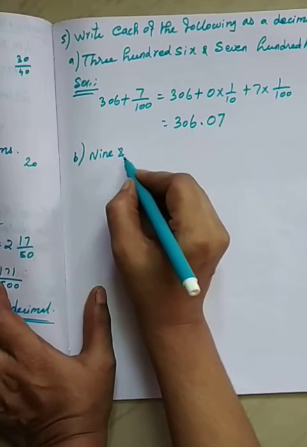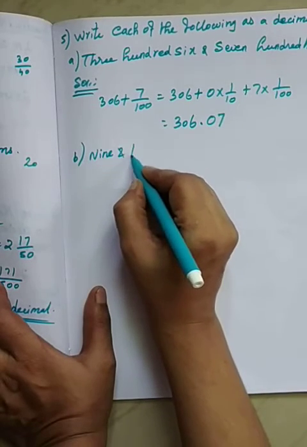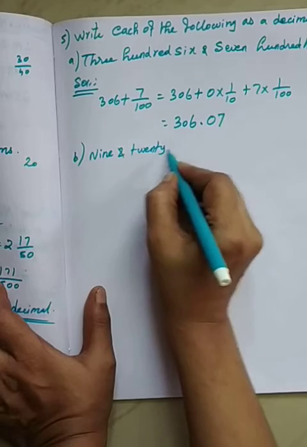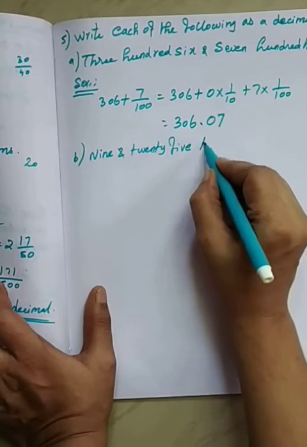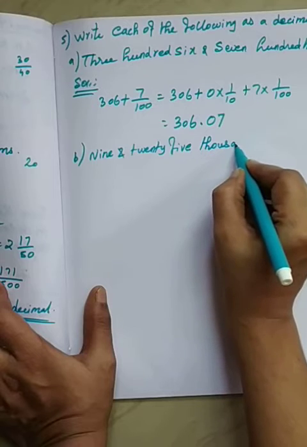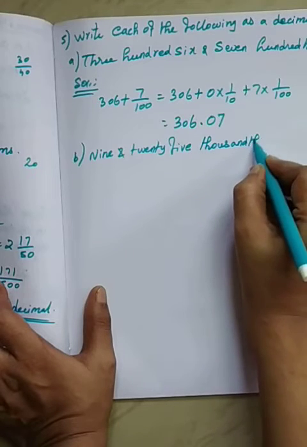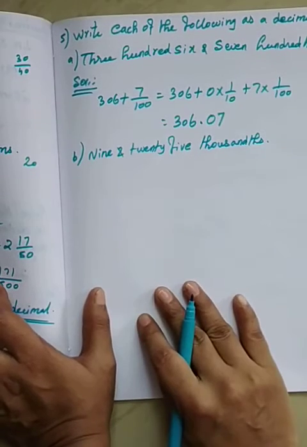See the next one: 9 and 25 thousandths. How can you write it in this concept?